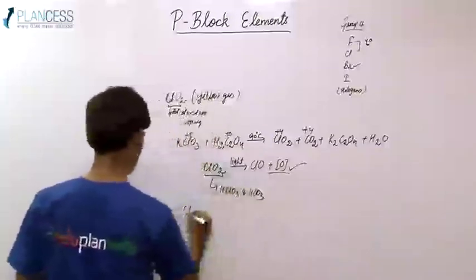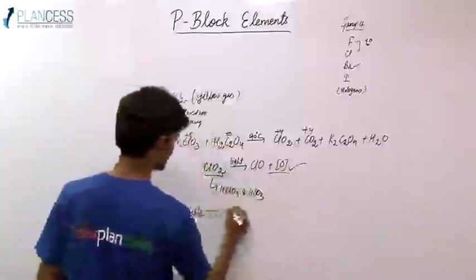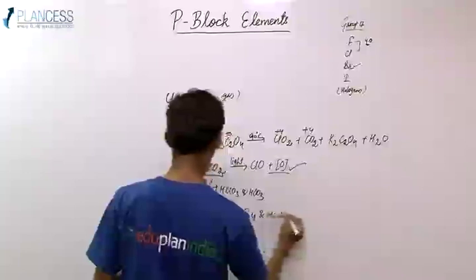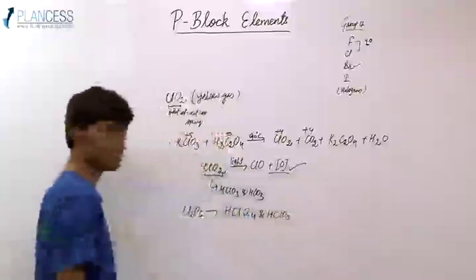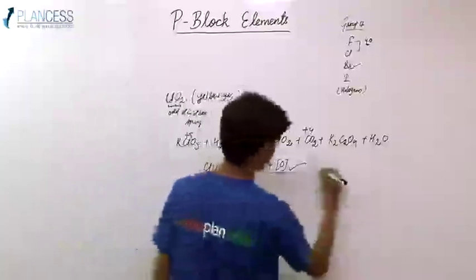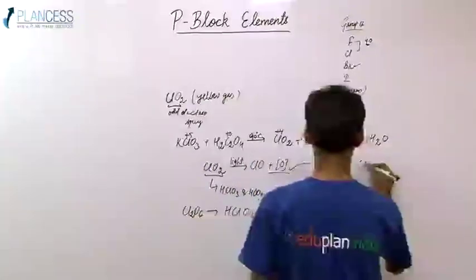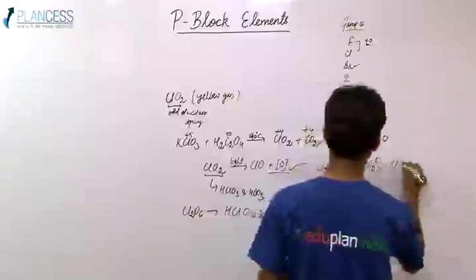Now Cl2O6 is a mixed anhydride of HClO4 and HClO3, because on dissolving in water it gives a mixture of these two acids. In the solid state Cl2O6 exists as ClO2 plus and ClO4 minus.